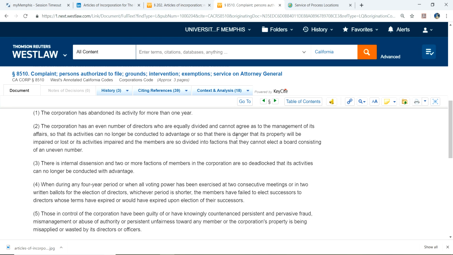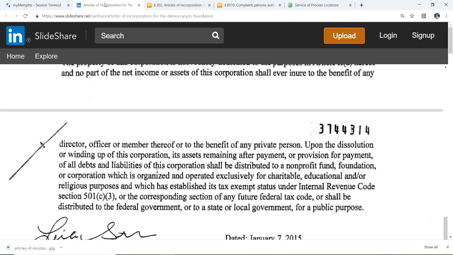So I believe that under California statute, let me go back to the articles. Because of the California statute, they put this specifically in there to protect the corporation, so that none of the monies gained from the corporation, any of the property, any of the assets of the corporation, they put in a provision in here where they would be specifically distributed to either another 501(c)(3) or to a federal or state or local government for a public purpose.